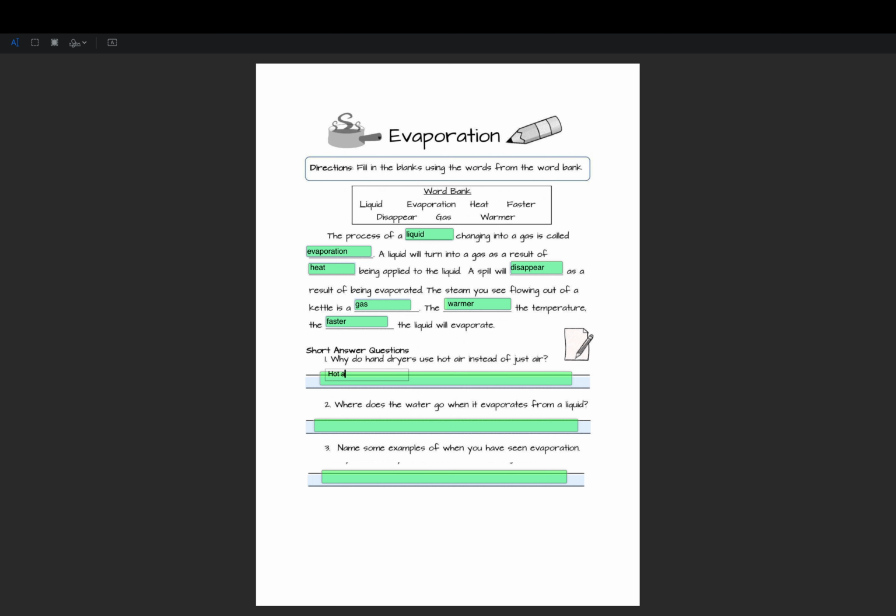So we can write: hot air makes the water evaporate faster, and that makes our hands dry quicker.